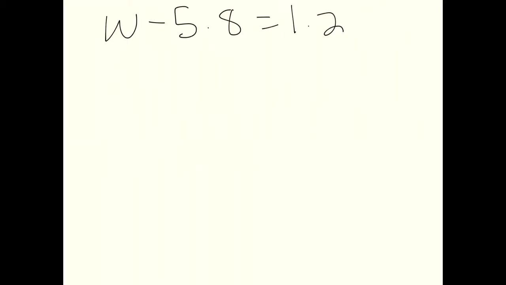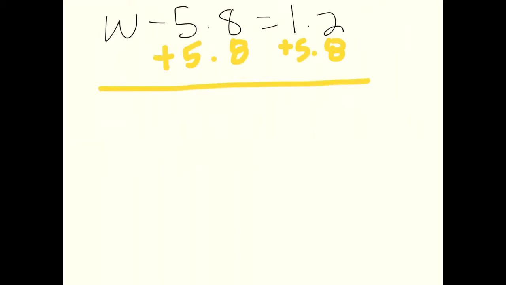So it'd be plus 5.8, and over here is plus 5.8, and then you would do this. 8 plus 2 is 10, and 5 plus 1 is 6, plus 1 more is 7. So you get 7.0. So W equals 7.0. That's how you do that.